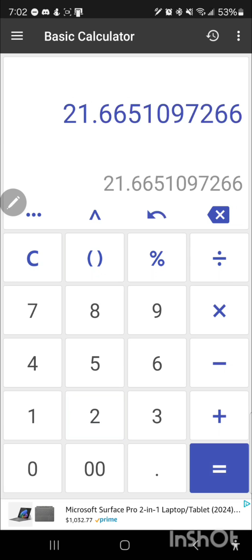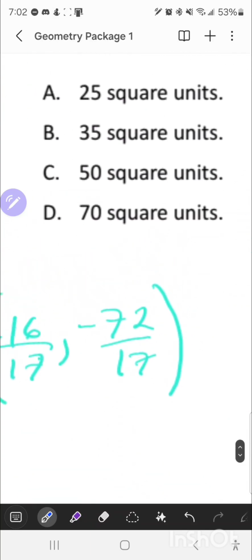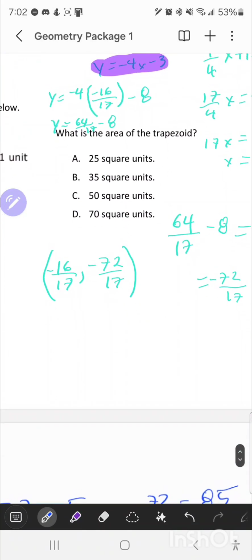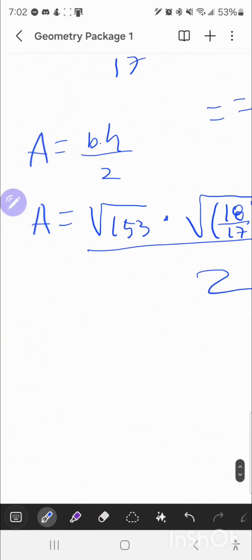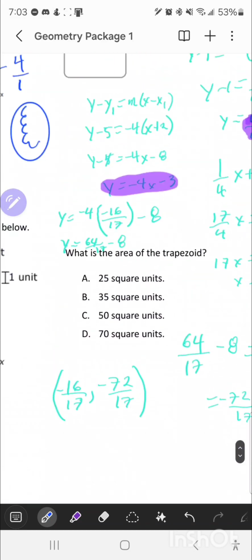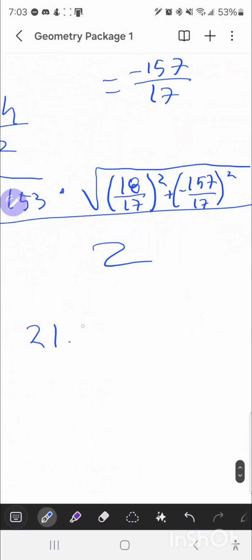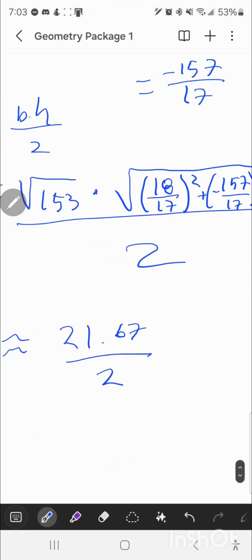Now, we haven't divided by 2 yet. We got that this, the upper part, was approximately 21 point, do they specify where they want to round it? No, they don't specify. So this is 21.67. Yes, 67 over 2.